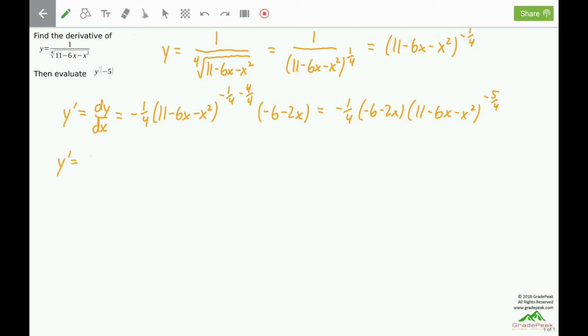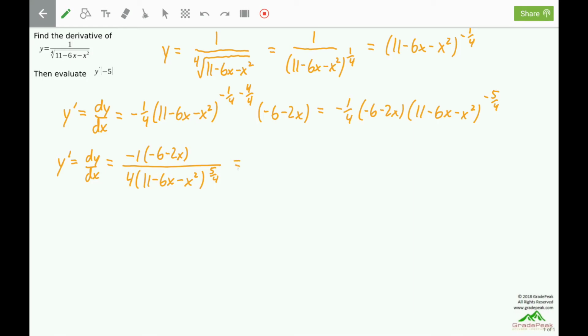So y prime, or dy dx, will equal, in the numerator, a negative 1 and a negative 6 minus 2x. In the denominator, there's already a 4 down there, and I'm moving the 11 minus 6x minus x squared down there so that it becomes a positive exponent of 5/4.